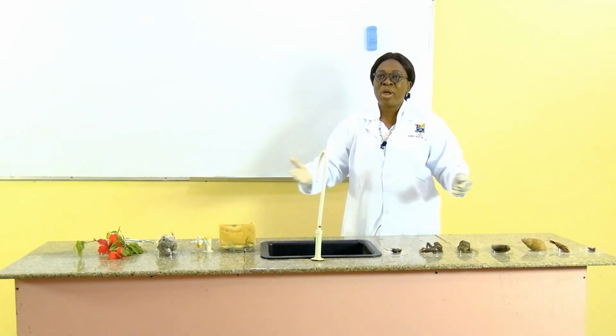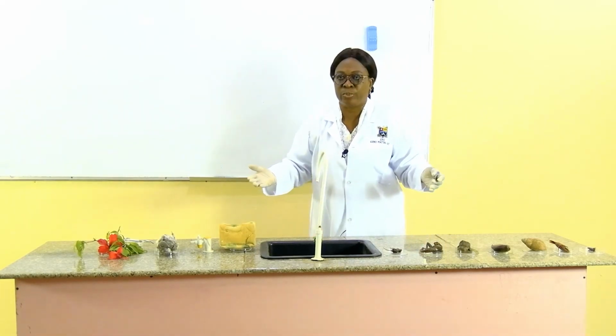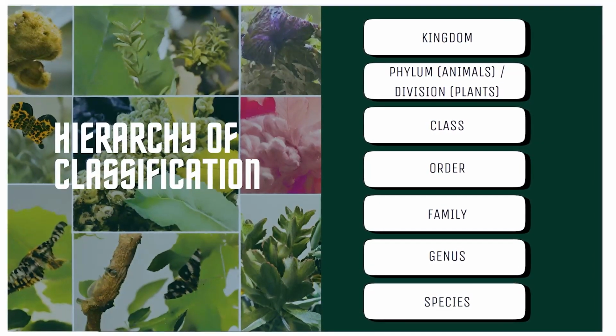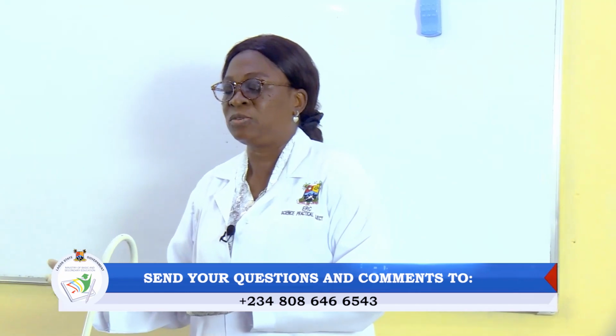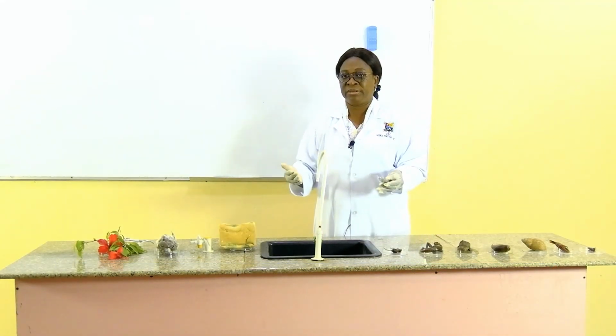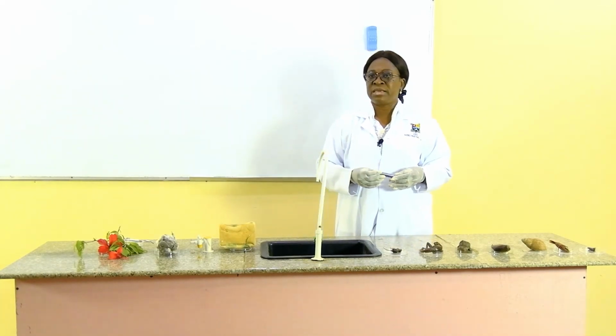Example, when we classify organisms, we start with kingdom. Can you pronounce it? Kingdom, yes. The next one is phylum for animals. But if we are classifying plants, we don't use phylum. We use division.